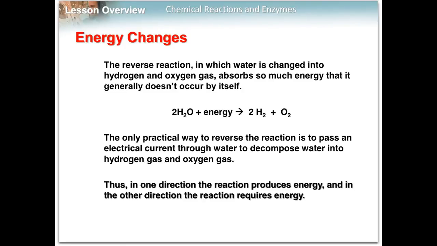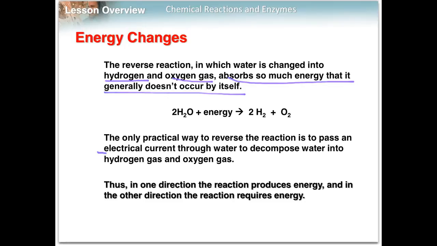The reverse reaction, in which your water is changed back to hydrogen and oxygen gas, absorbs so much energy that it generally doesn't occur by itself. In other words, you don't see water converting back to hydrogen and oxygen in nature. The only way that you can get that to happen would be if you supply a great deal of energy to the process.